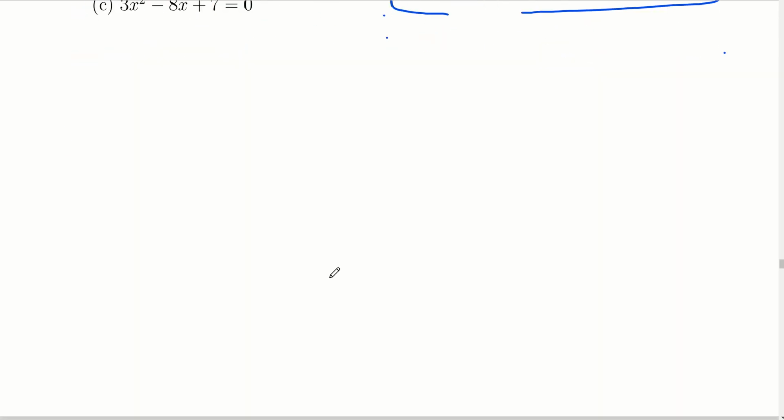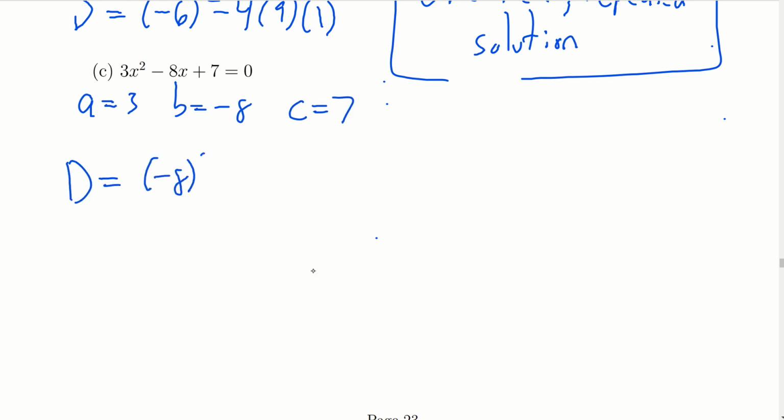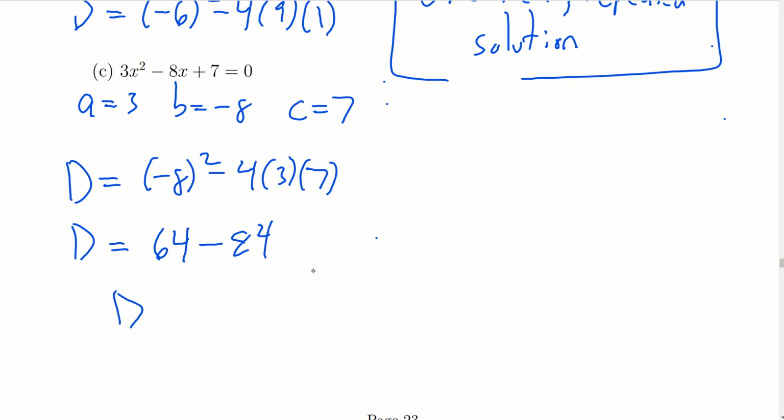And then for the last one, do the same thing. Here, a is 3, b is negative 8, and c is positive 7. So we're going to do b squared minus 4ac. Negative 8 squared is 64, minus 4 times 3 is 12, and then 12 times 7 would be 84, and then 64 minus 84 is going to give us negative 20.